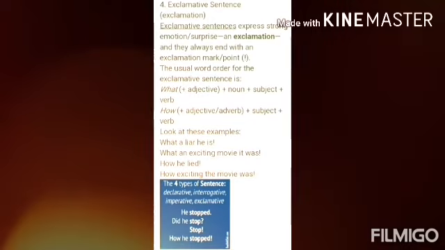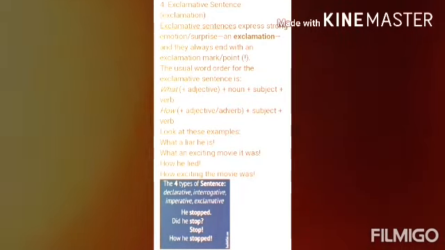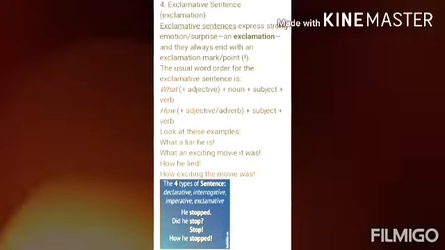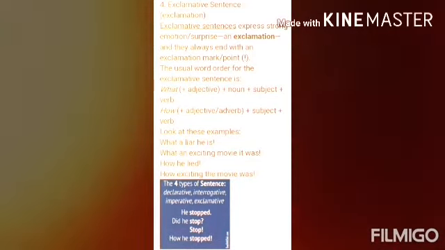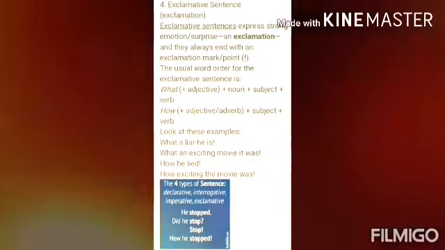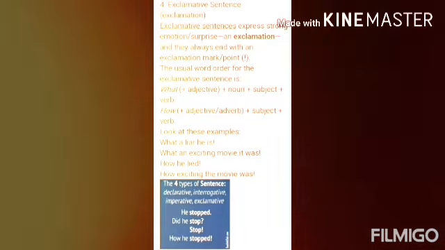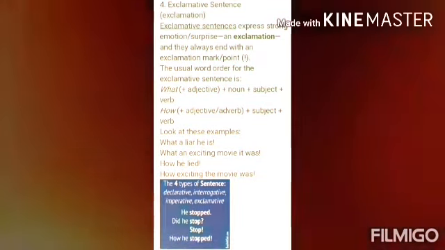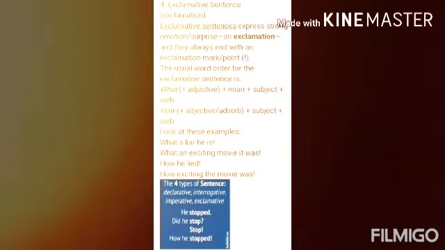Third is the imperative sentence. It expresses command, request, suggestion, advice. It ends with a full stop, and sometimes the subject is hidden. In an imperative sentence, the subject is always you.